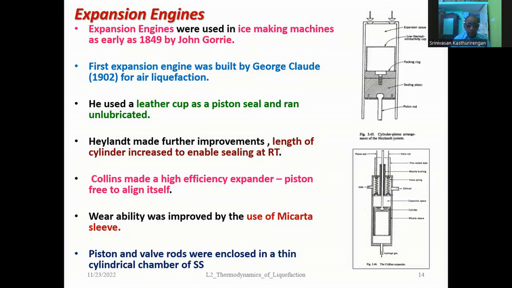By the same guidelines, Collins made the very high efficiency expander piston. This was free to align by itself. So this variability was improved by the use of a micarta sleeve on the piston. This was what was done by Samuel Collins.